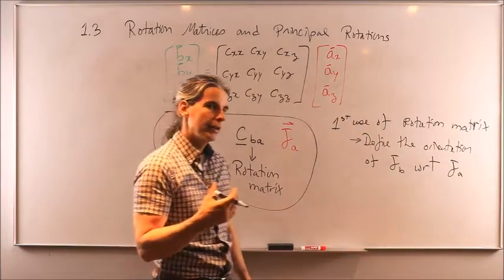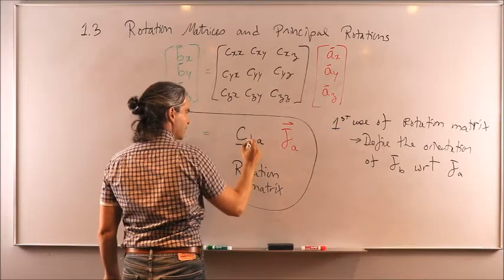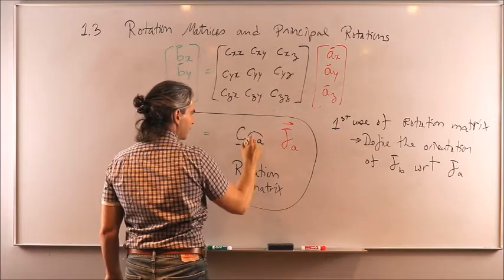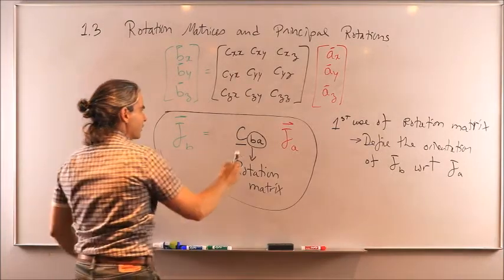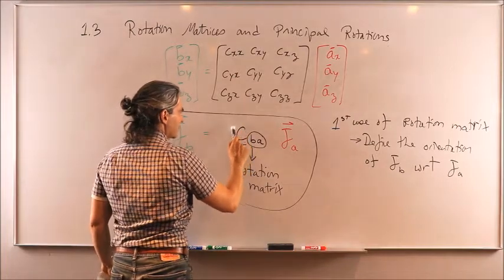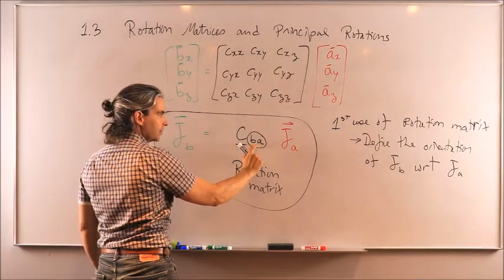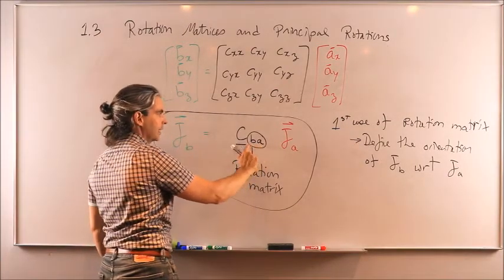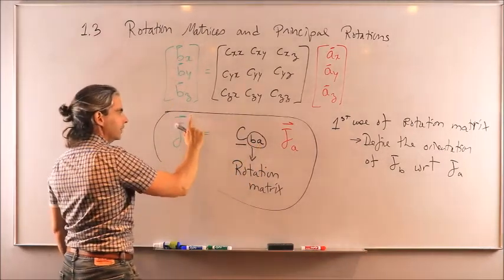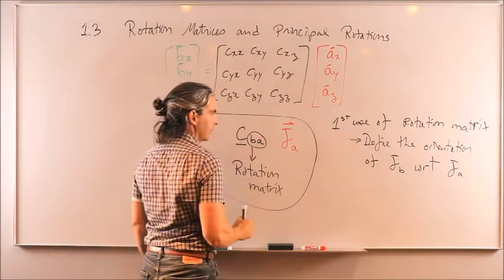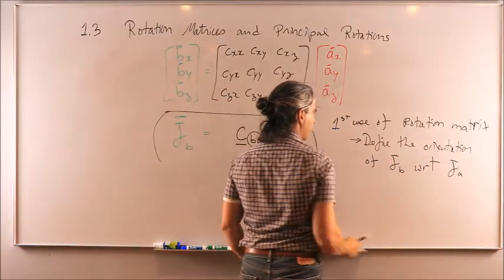The order here is very important, and this is why the subscripts of that rotation matrix notation that we've used, C, are key. Here, this is the rotation matrix that defines the orientation of reference frame B with respect to reference frame A. So you read left to right: B with respect to A. Reference frame B is defined with respect to A here on the right-hand side.